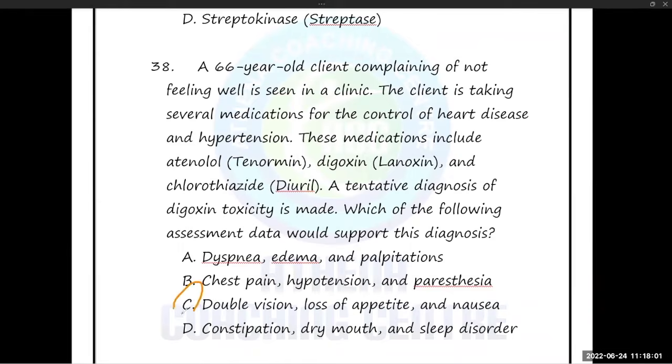So these are the side effects. And one more thing you can remember: hypokalemia increases digoxin toxicity.